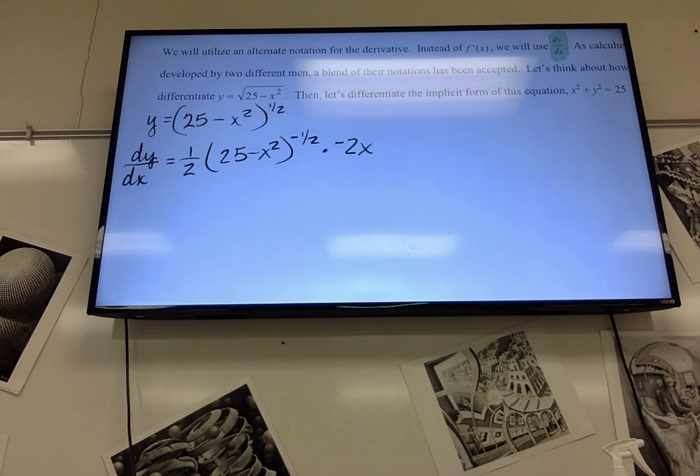I can simplify this some. The 2 and the 1/2 will cancel, so you get negative x on the top, and on the bottom we have the square root of 25 minus x squared.